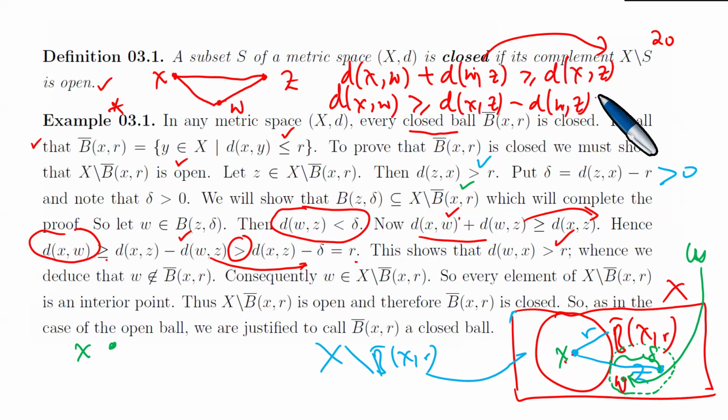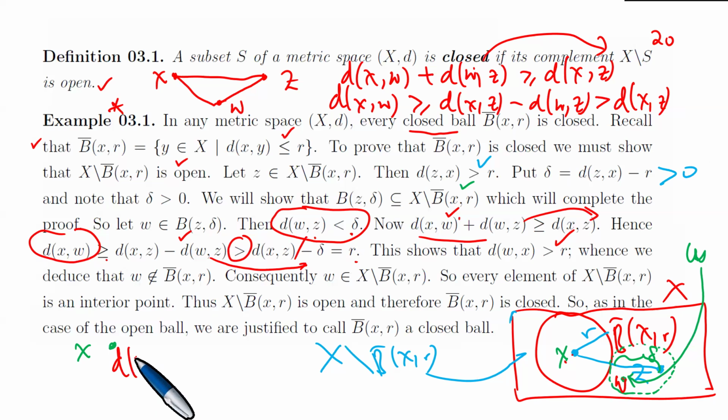But of course, we have more than this, because the distance between W and Z is smaller than what? Smaller than delta. It's actually much smaller than delta. And so for the distance between X and Z, you need to multiply it through by the negative.